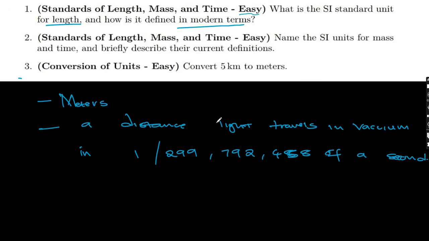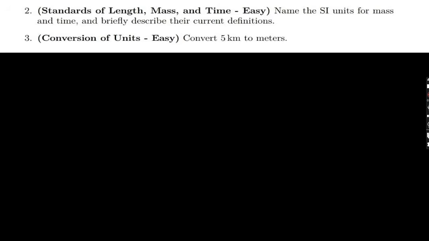Let me check if I still have another question following, or I should just use this same board. Okay, so question 2, I should answer it from here. Name the SI unit of mass and time, and briefly describe their current definition.